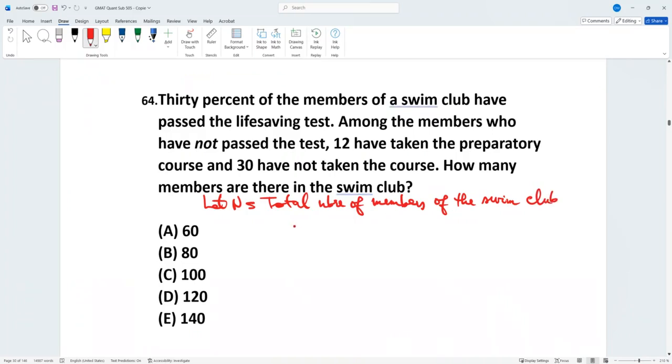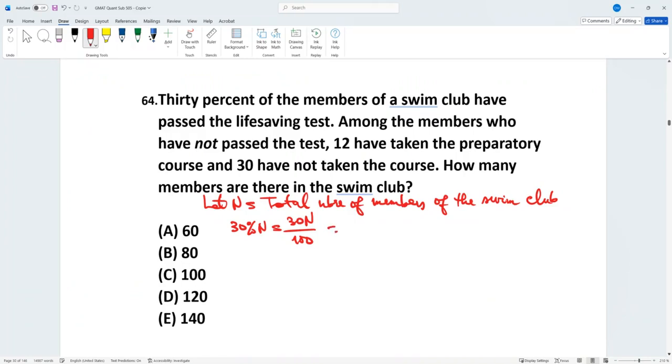Okay, and we will have, it says 30% of the members have passed the life-saving test. So that will be 30% of n, which is 30n over 100.